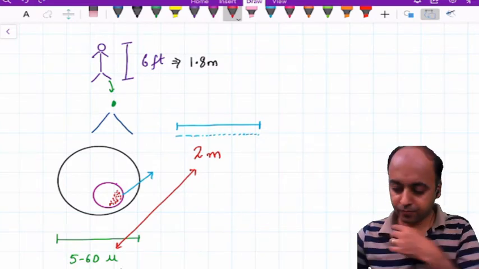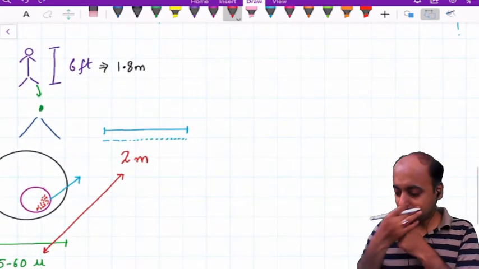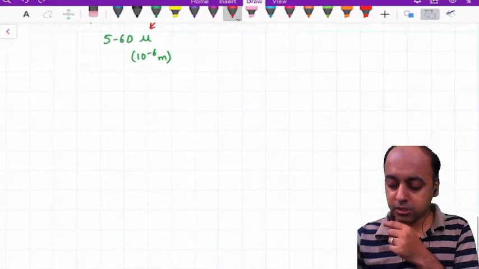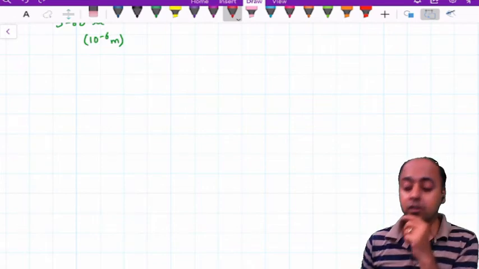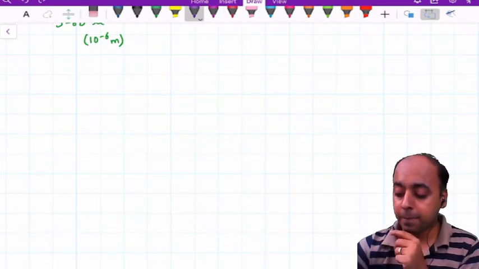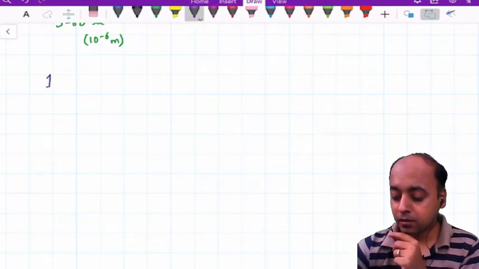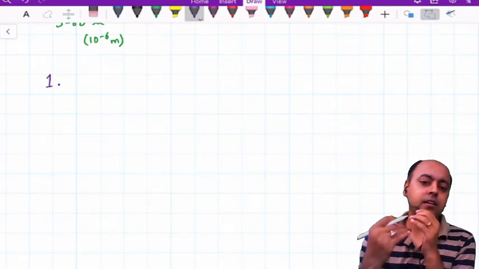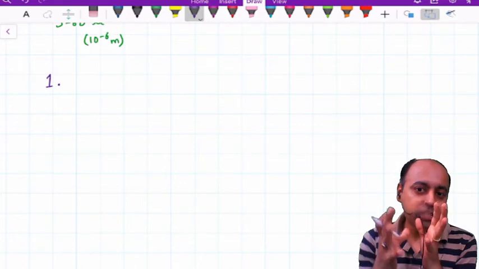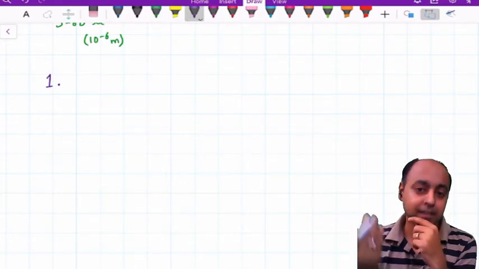Okay, so what happens when you look at the arrangement of the DNA in the nucleus? We find that the compaction in size occurs multiple times.